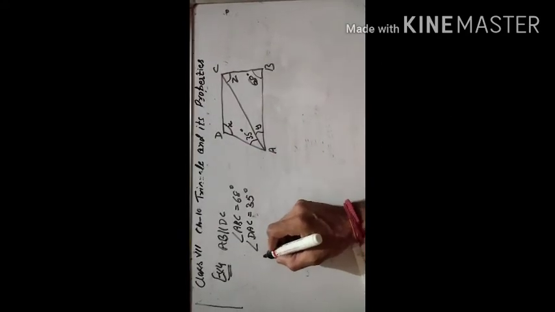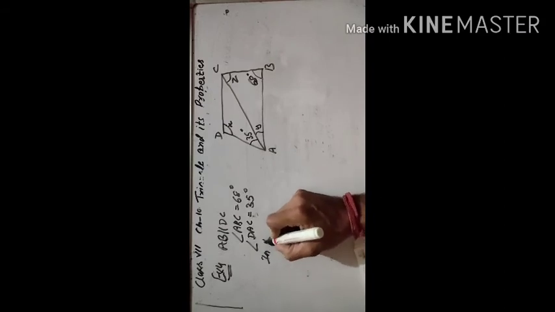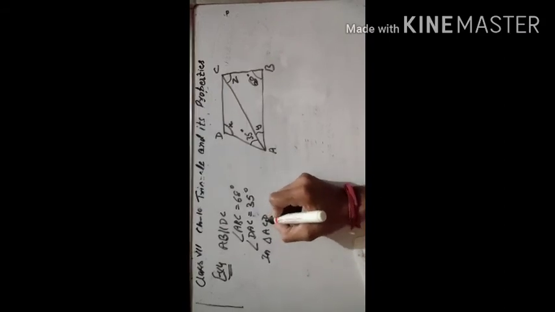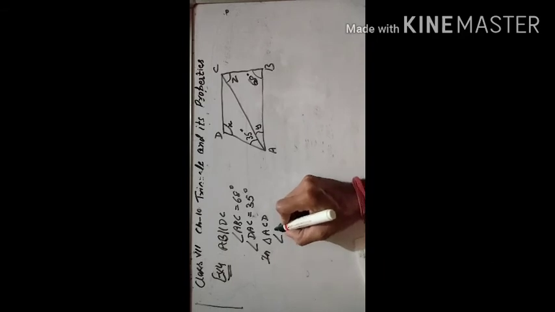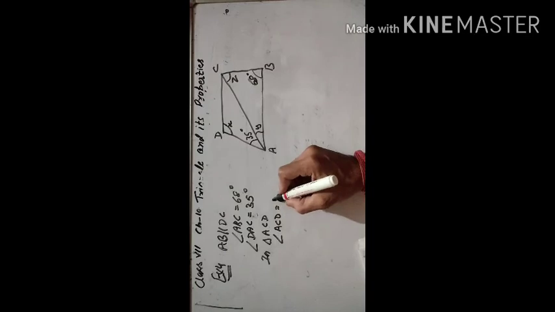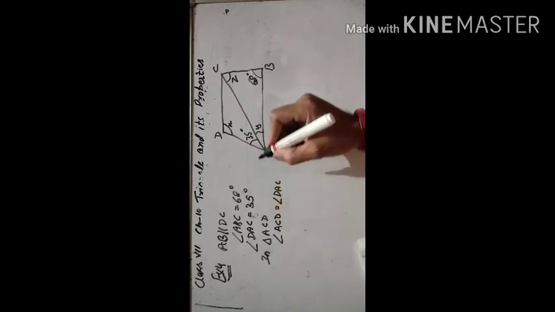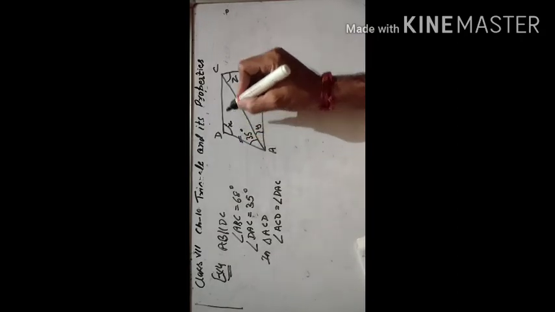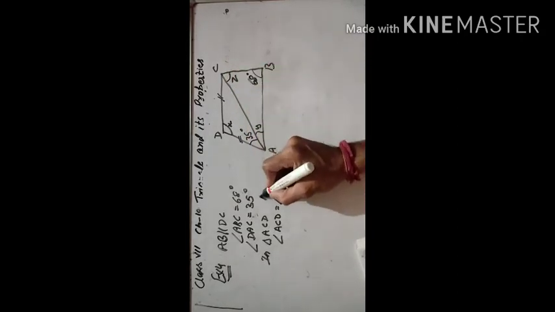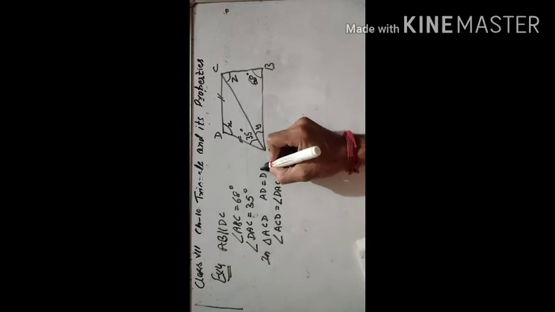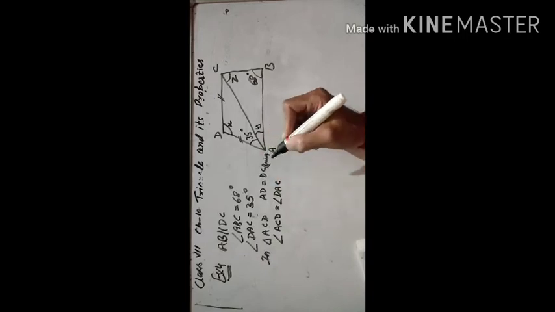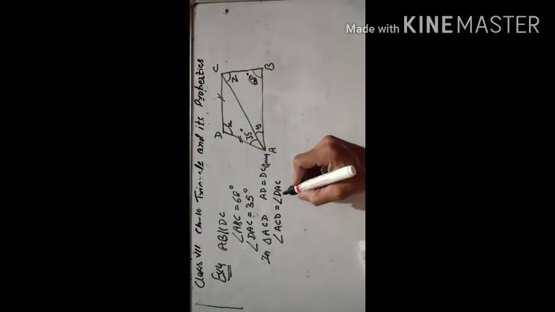Now in triangle ACD, angle ACD is equal to angle DAC, because it is given that AD is equal to DC. Therefore these two angles are equal.